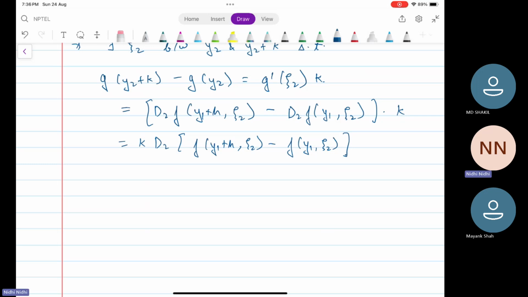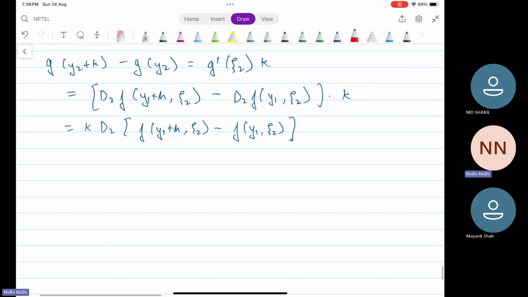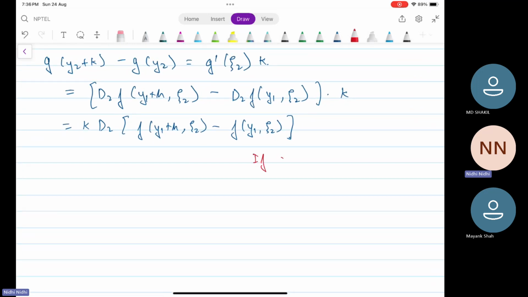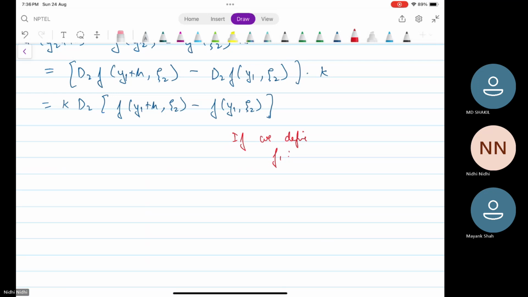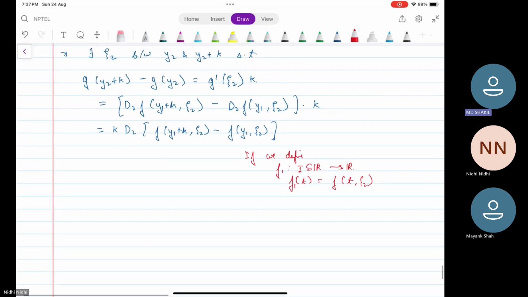Now again, we can apply the mean value theorem on the function f1. If we define f1 from some interval I in R to R, f1 of t is just f(t, zeta 2). Question: the derivative of g gives the second partial derivative of f, isn't it?